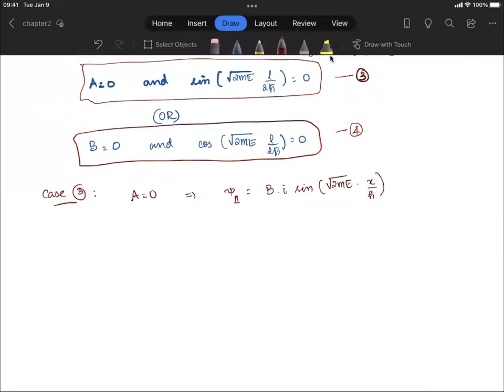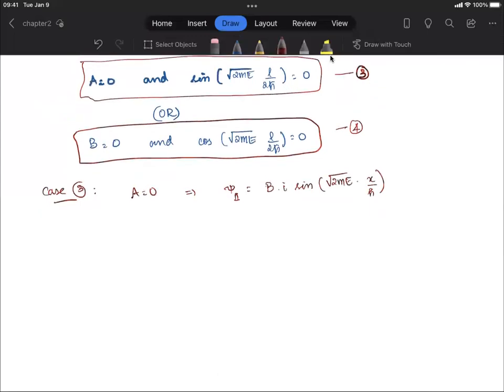And we also know that sine of root 2mE times L over 2h bar is equal to 0. And that would imply root 2mE times L over 2h bar is equal to n pi, where n is 0, 1, 2, 3, and so on.